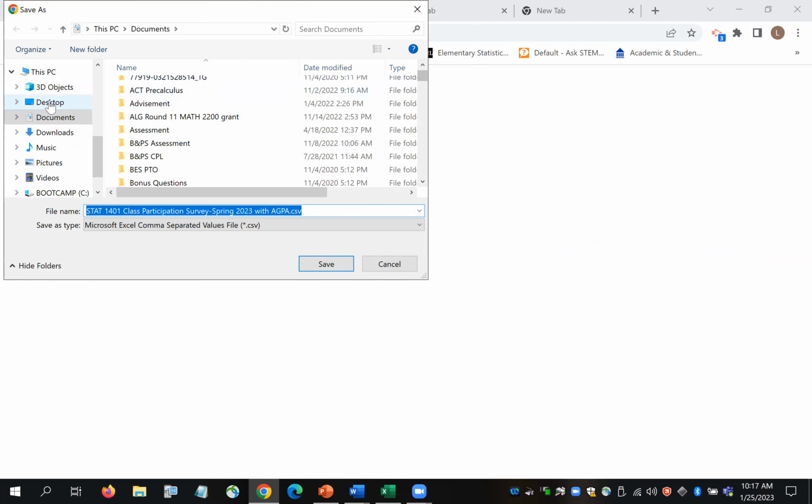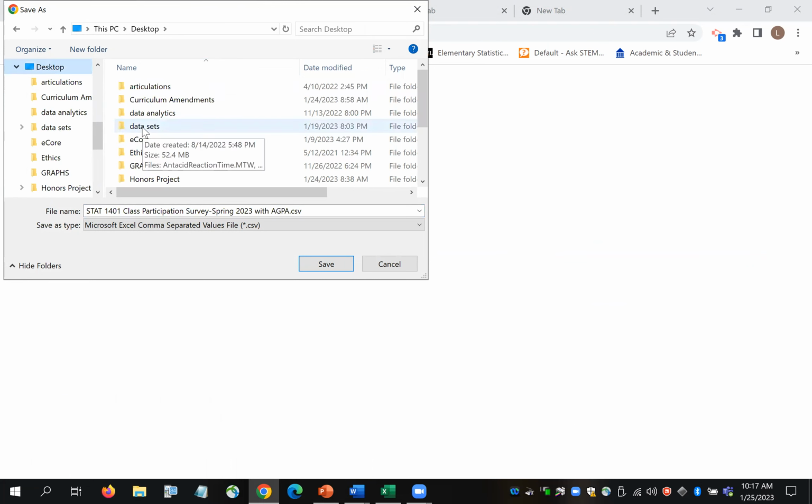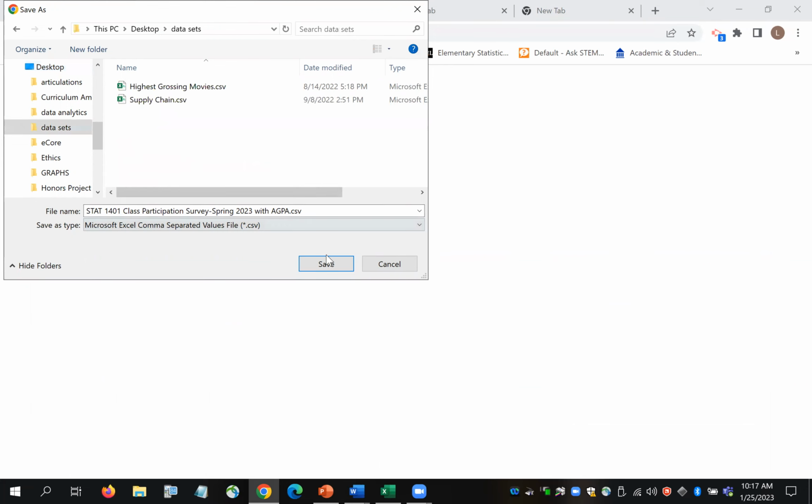Now I have a folder on my desktop called datasets. You can put it on your desktop, you can put it wherever you want, but wherever you put it, remember where it is. So I'm going to put mine in my datasets folder.